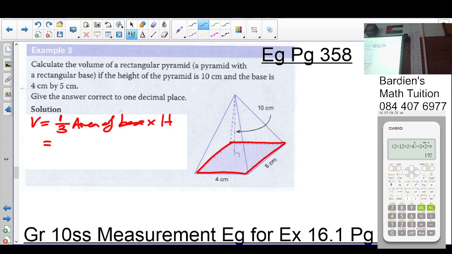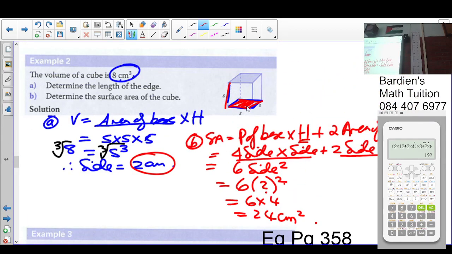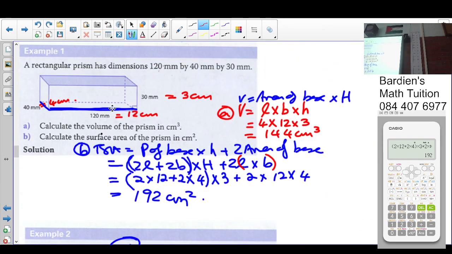Rectangular. Just coming back to this, people, these are what they call right prisms, which means the base is the same as the top. You see this base? The dimensions of that base are the same as the dimensions of the top.